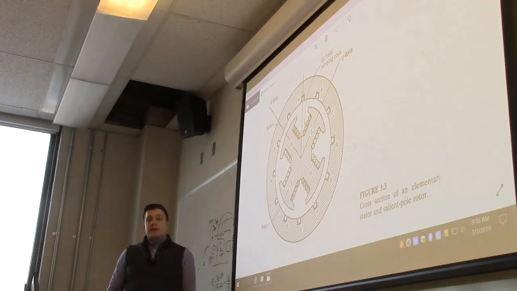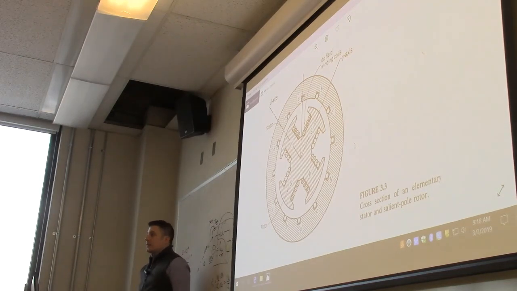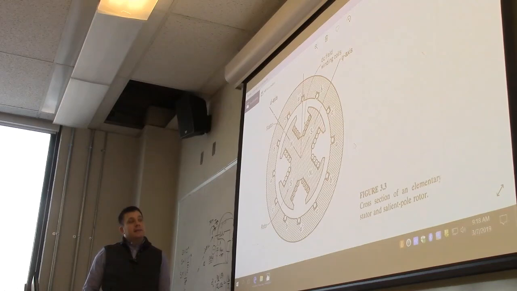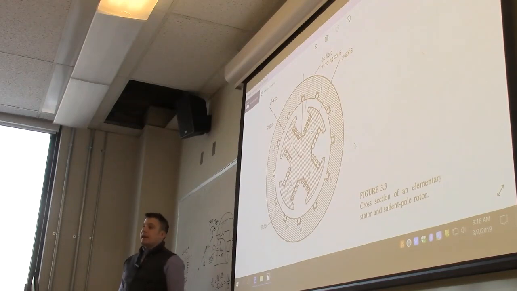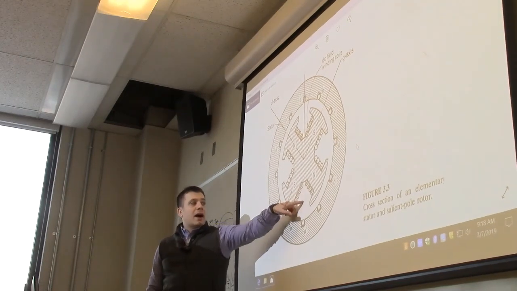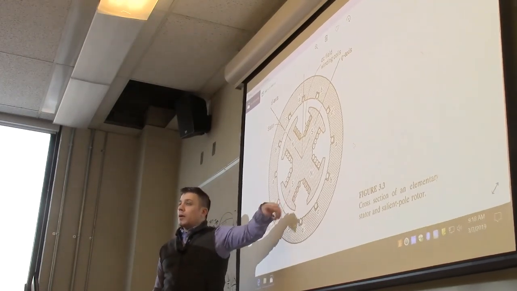And then they wrap the field windings around that part of it, which creates a more directed magnetic field because you're taking away some of the additional high permeability core on either side.